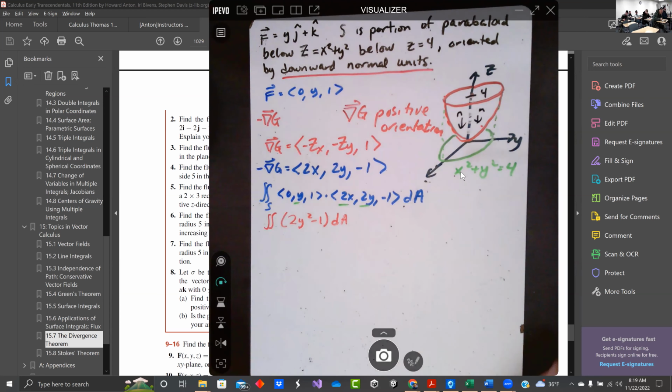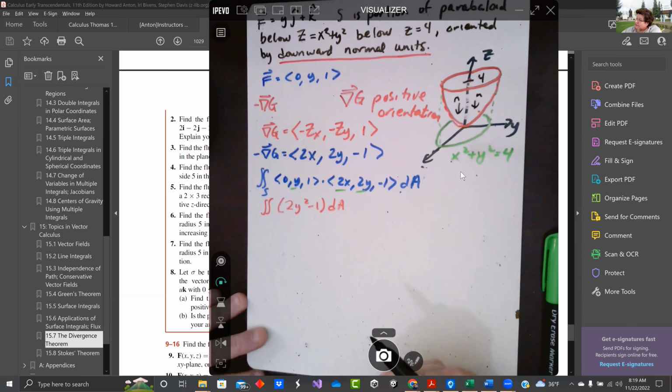So we can stick with dx and dy if we like to suffer and like to work with radical signs. I'm not a big fan of doing that myself. So I would rather switch to polar.